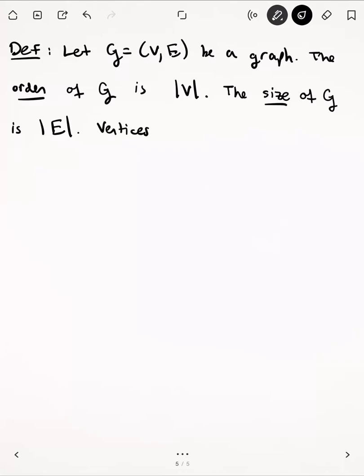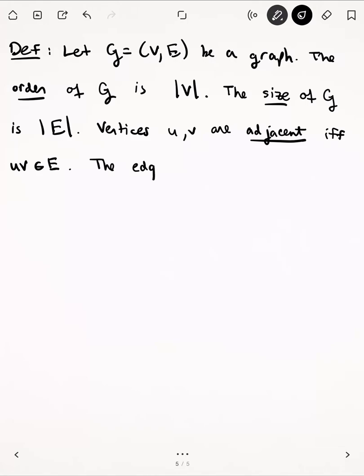Vertices U, V are adjacent if and only if there is an edge connecting them.